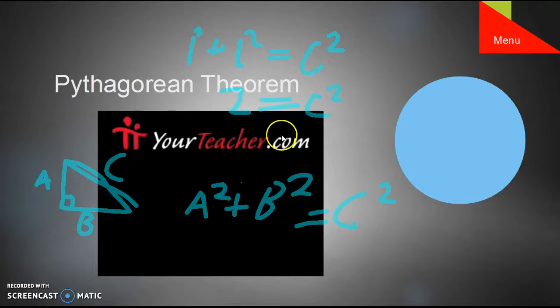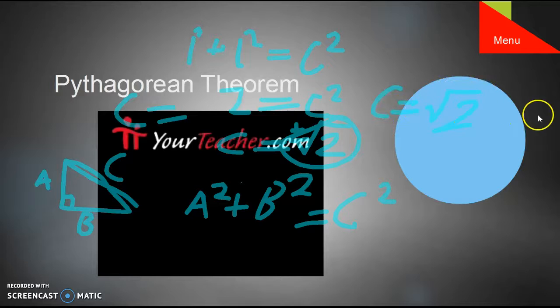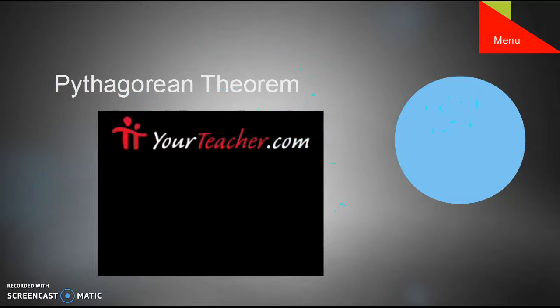So C is equal to the square root of 2, or plus or minus root 2. But because you can't have a negative length, C will be equal to just the positive. So C will be equal to root 2. That's all the Pythagorean theorem states.